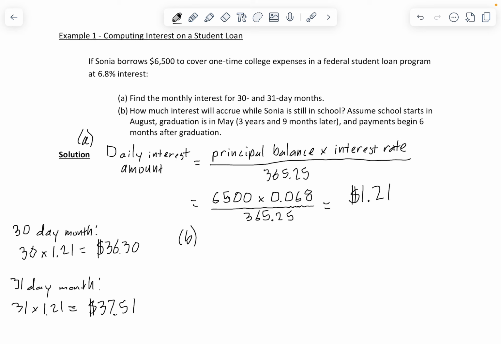Okay, so interest will accrue for 4 years, 3 months.